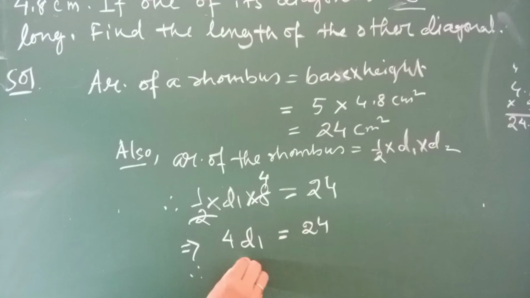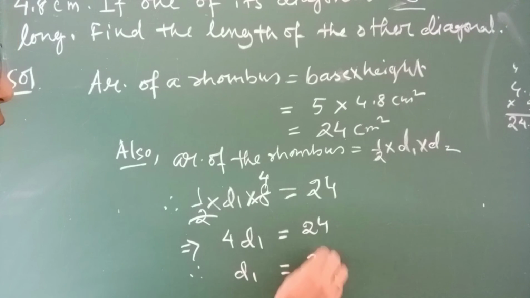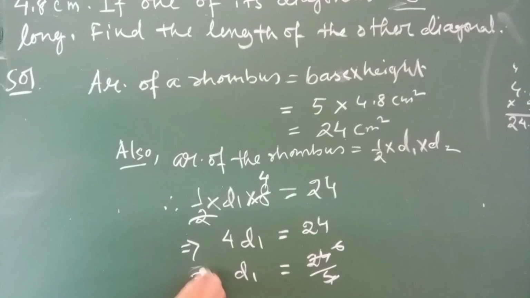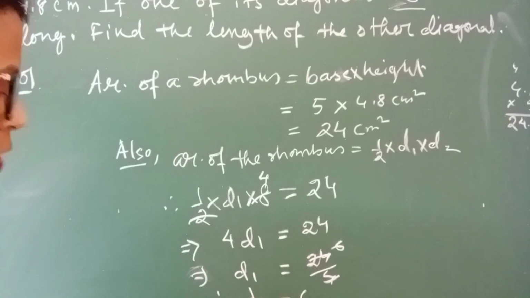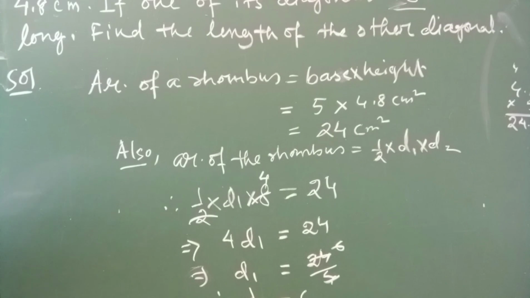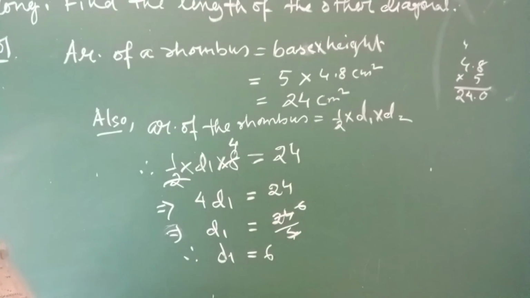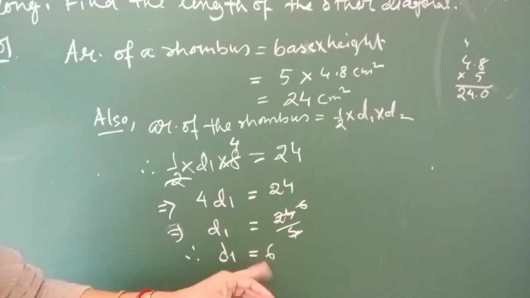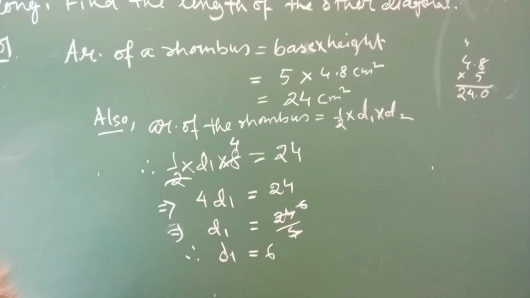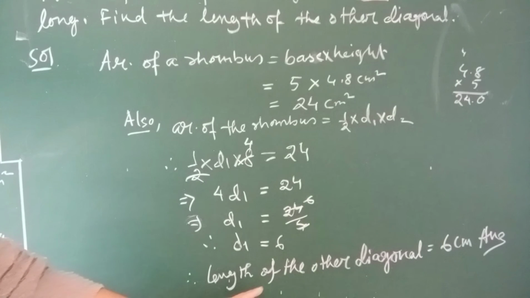Therefore d2 is equal to 24 by 4, that is 6. Therefore the length of the other diagonal is equal to 6 centimeter. So you need to write the answer in a sentence. The length of the other diagonal is 6 centimeter.